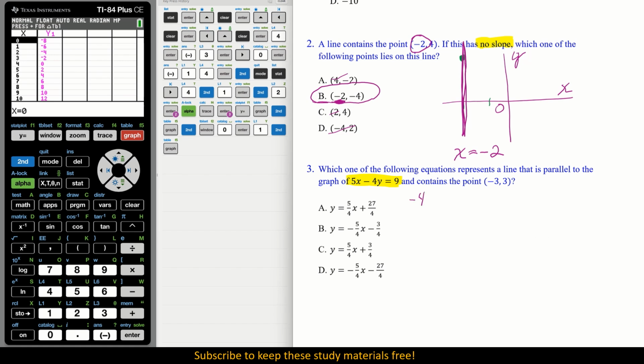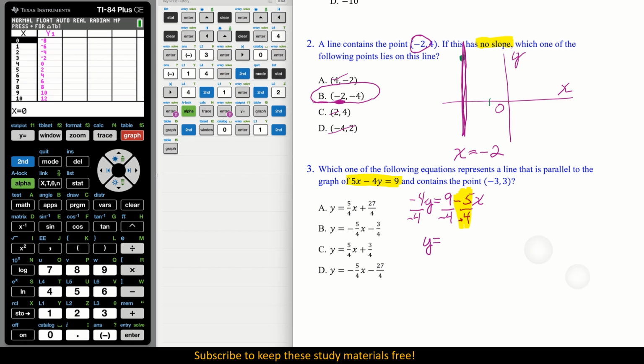I have -4y equals 9 minus 5x. Divide everything by -4. Now that gives me y equals, -4. Well, this slope becomes a positive.